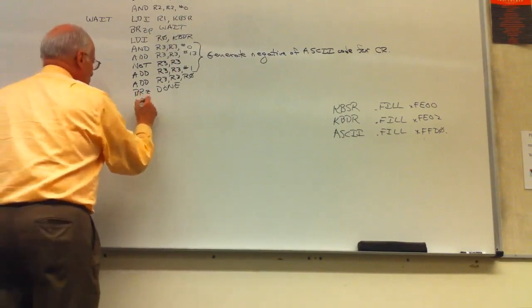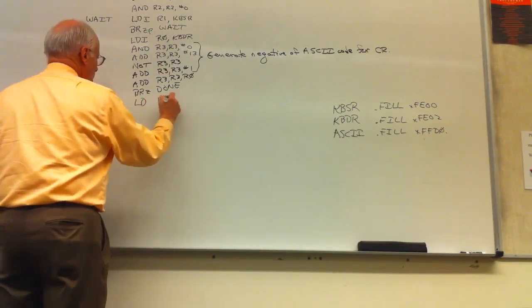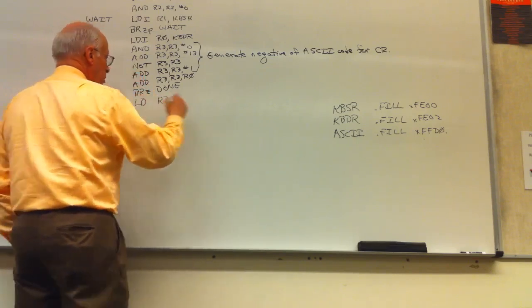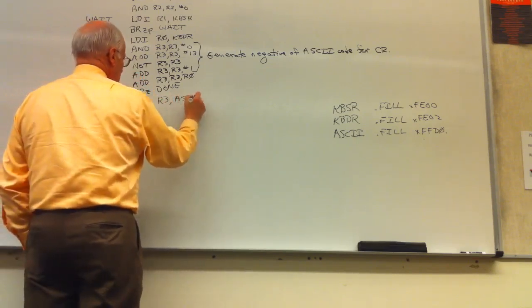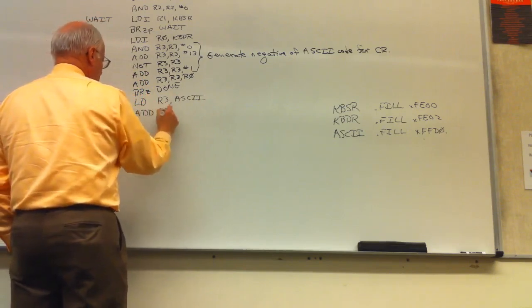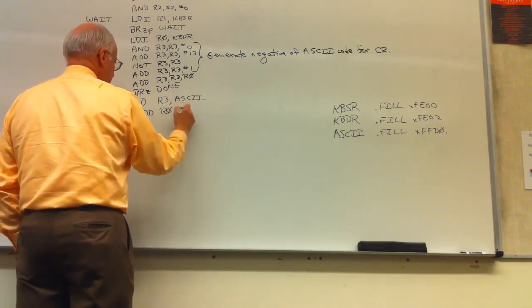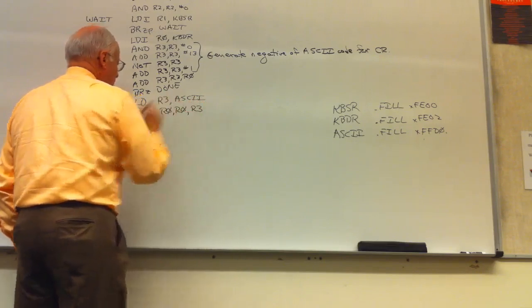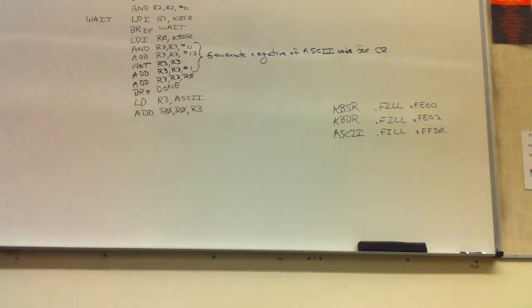Okay, now I will load, I can use register 3 now, from ASCII, and then I will add register 3. Okay. That gets us down to this point.